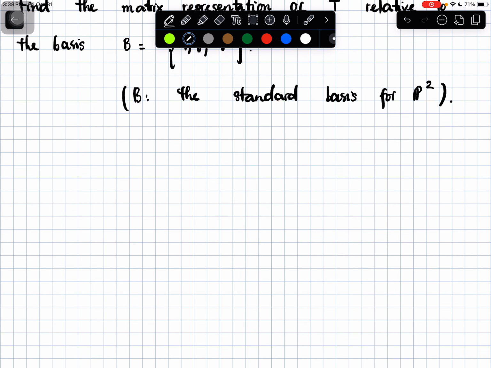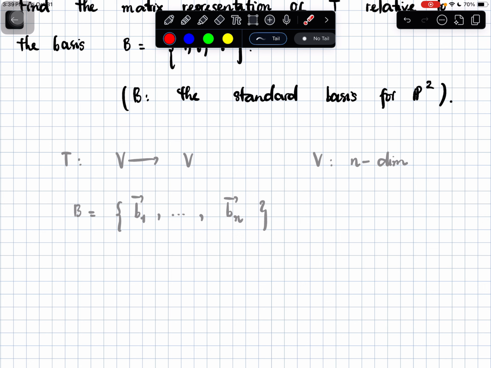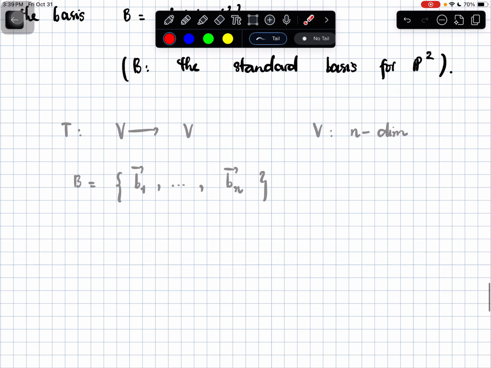So, in general, consider a transformation T from a vector space V to V, and B is any basis, say b1 to bn. If V is an n-dimensional vector space, a basis contains n vectors.